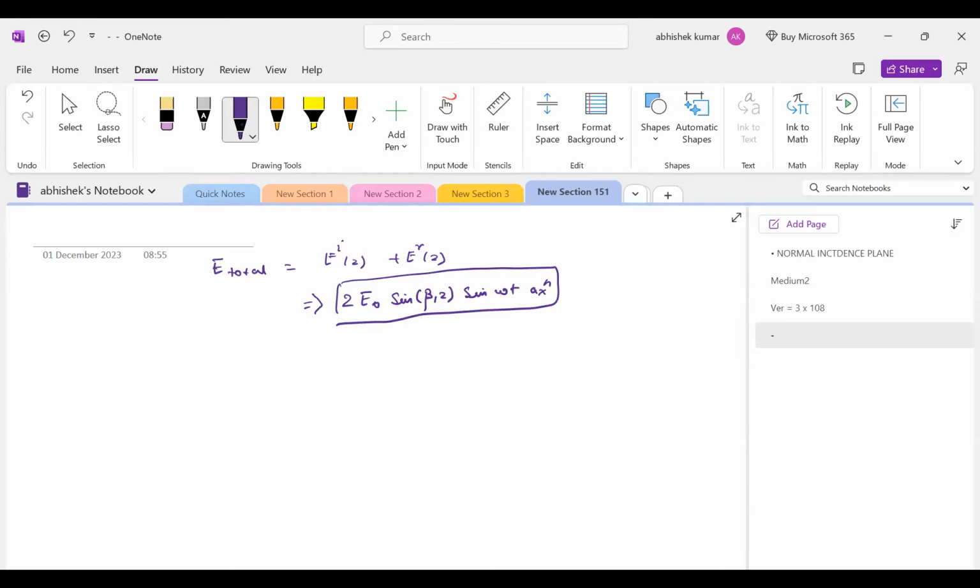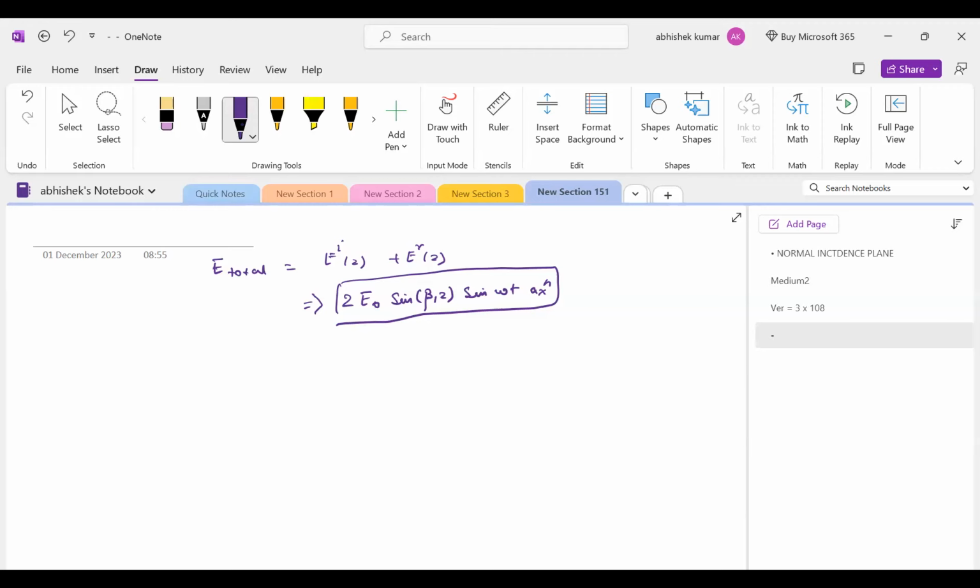This is the total electric field if the total wave is getting reflected back. Any doubt? No. Okay, and the total magnetic field.